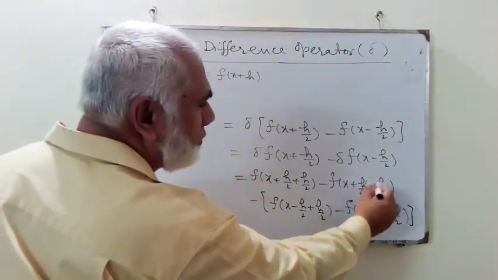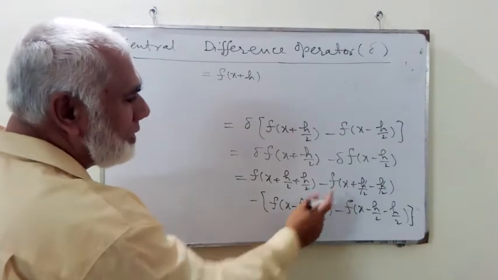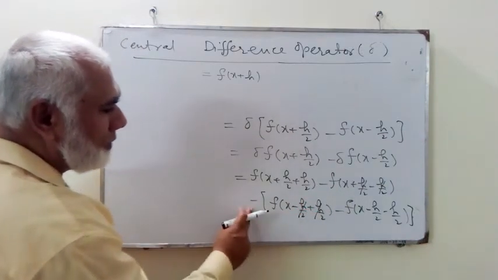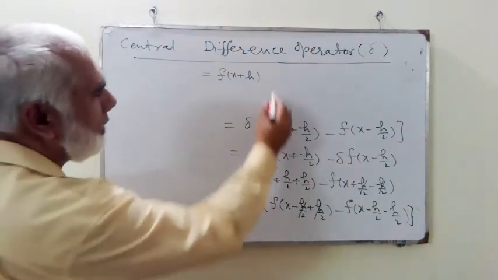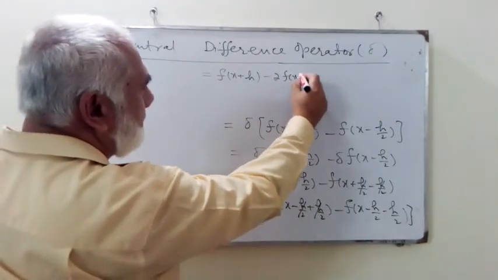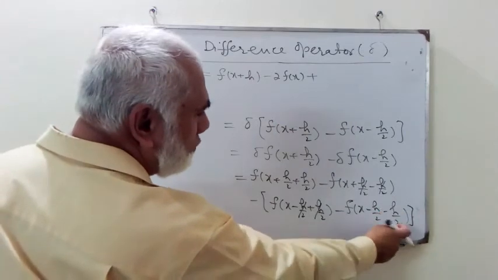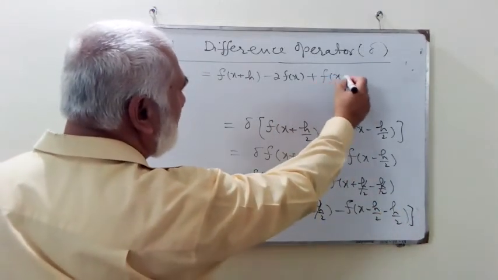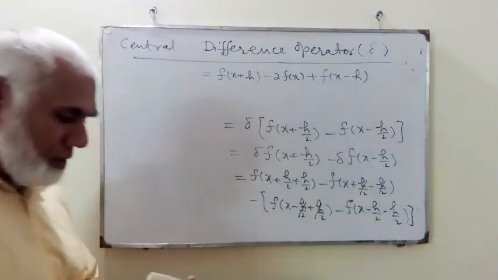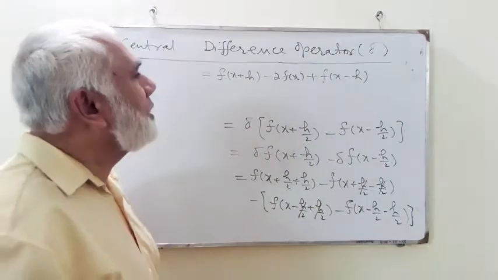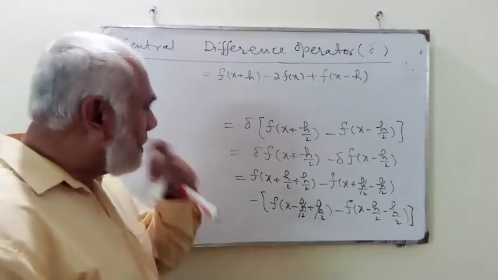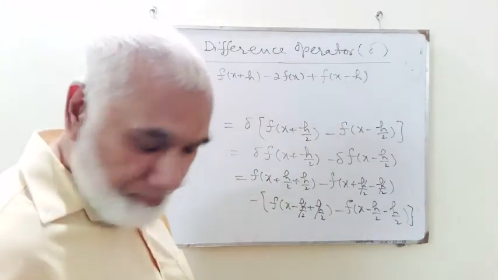From the second, these two drop out and we get f(x), and from the third these two drop out and we also get f(x). So collectively we have −2 f(x), and the last term gives you the plus sign, and these two are added, giving f(x − h). So this is the second application of the central difference operator over the function f(x).